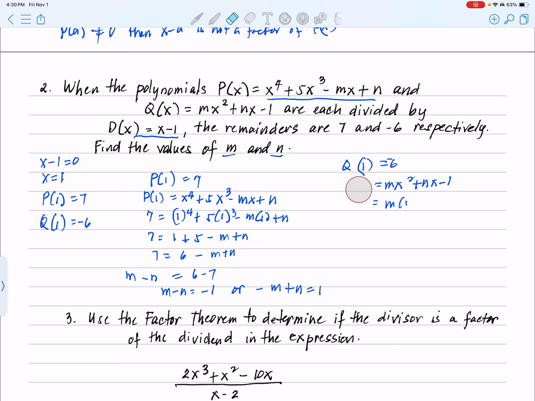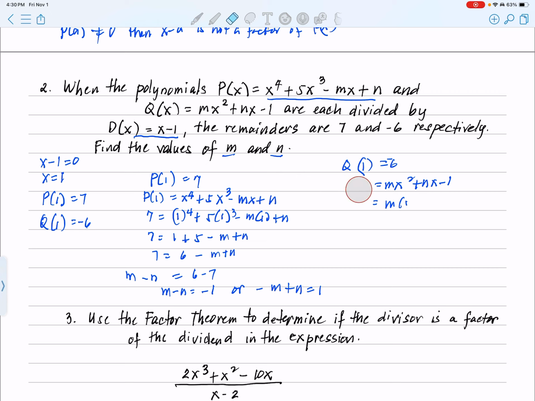So add 1 to the left. This will be negative 5 equals m plus n. And that would be the second equation. So we have two equations. Our target is to find the value of m and n.